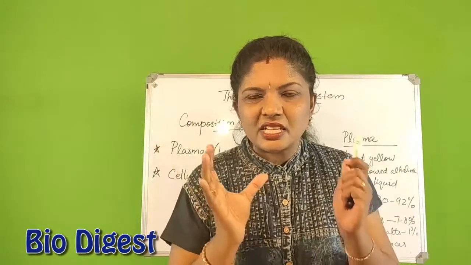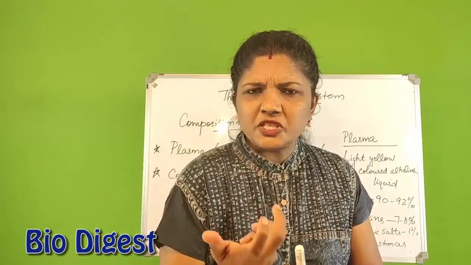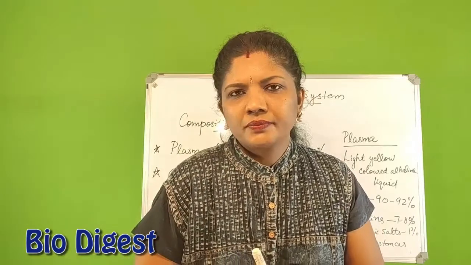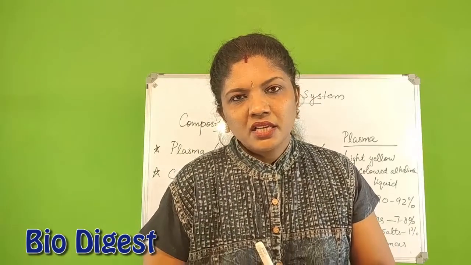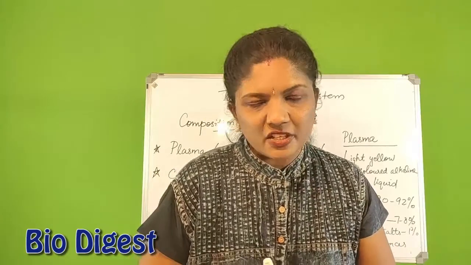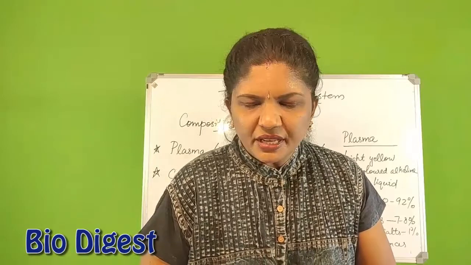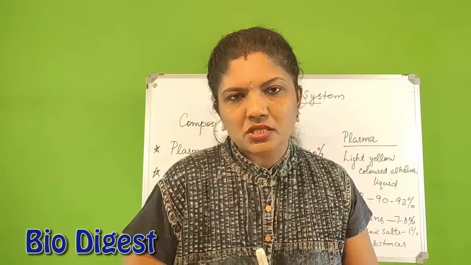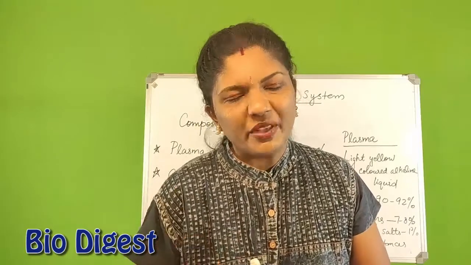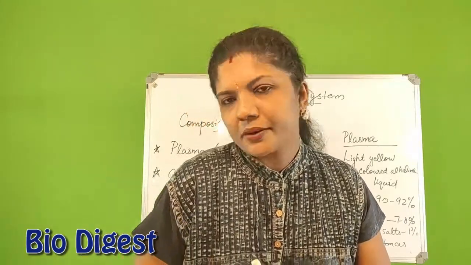What are these other substances? Other substances include glucose, amino acids, fibrinogen, etc. Fibrinogen is a protein. We will come across this when we deal with the blood clotting process. At that time I will be explaining about fibrinogen.